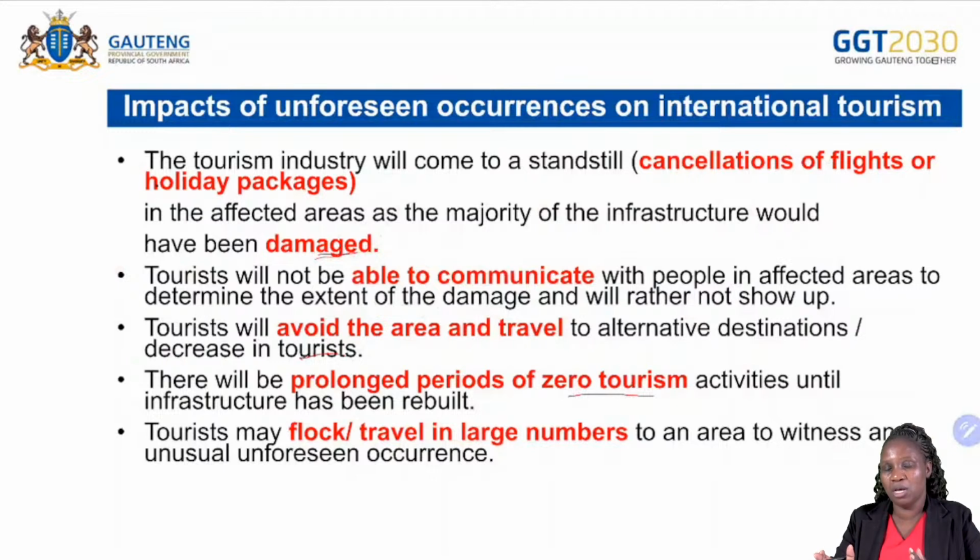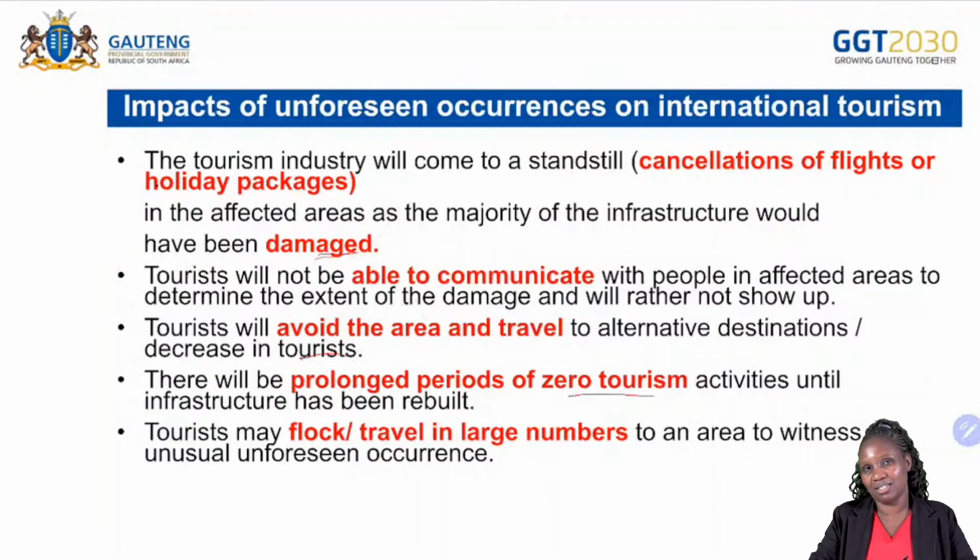Areas that have been affected by what? By floods. Infrastructure has been destroyed. Then infrastructure has to be rebuilt so that the tourists will visit such areas. That's a problem. It's a negative impact.